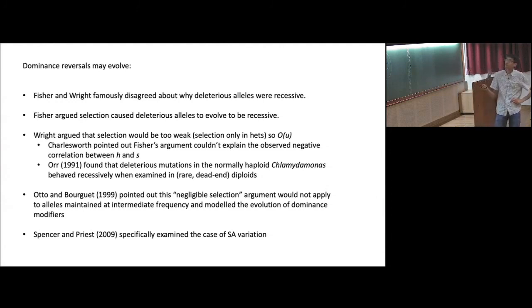Okay, so this whole argument between Fisher and Wright, where Wright was saying dominance would evolve, Wright had argued right from the beginning that it seemed unlikely because the strength of selection acting to modify the dominance would be so weak, because the deleterious alleles are so rare to begin with.